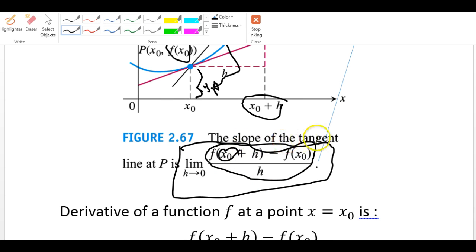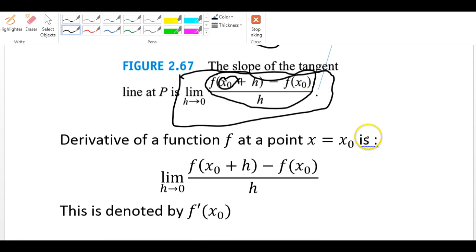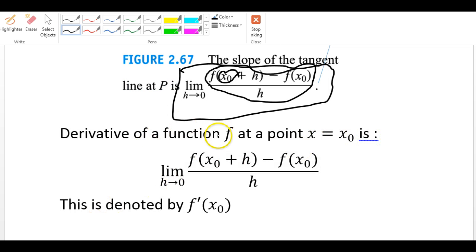In other words, this is the derivative. So now we can finally define the derivative of any function f at a point x0. It is given by f of x0 plus h minus f of x0 over h, and the limit as h tends to 0.